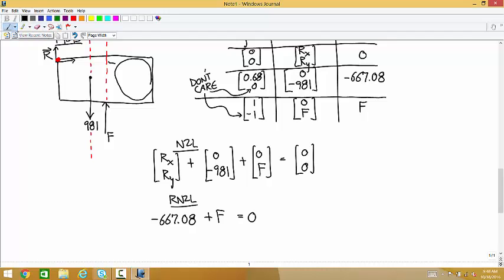And if you solve that system, you get F is equal to 667.08, and R is equal to 0 for x and 313.92 for y.